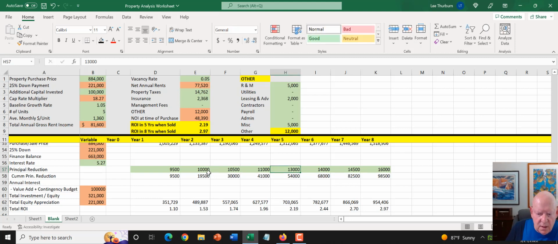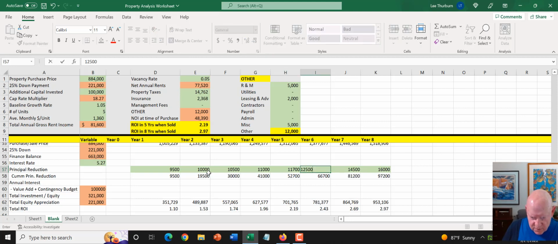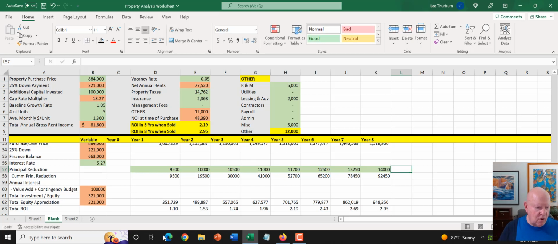And then I'm going to make this 11,700, 12,500, 13,250, and then I'll make this go down about 14,000. That's approximately what our loan pay down is each year. So our cumulative equity is the 9,500 from year one plus the 10,000, which is 19,500.